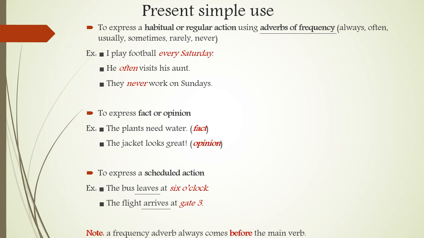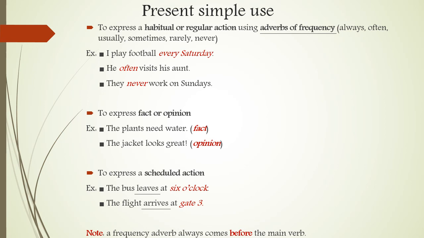The third use of the present simple tense is to express a scheduled action. And we mean by schedule, it is a timing, everything related to timings. We use the simple present tense with this form. Example, the bus leaves at 6 o'clock, the flight arrives at gate 3. So mostly with scheduled actions we use some specific verbs, like leaves, arrives, departs, takes off.